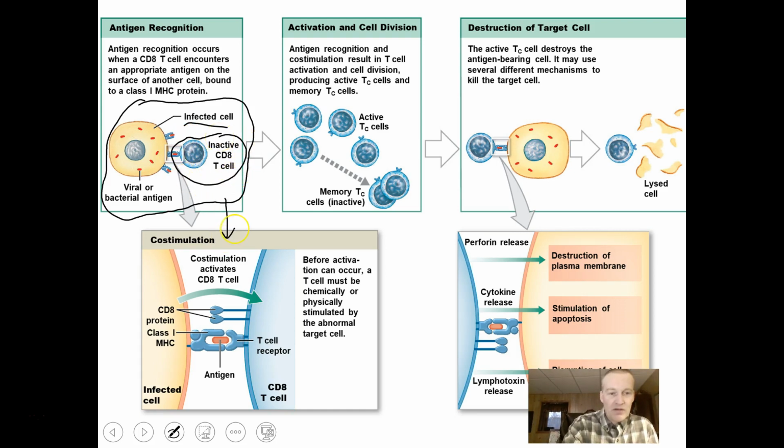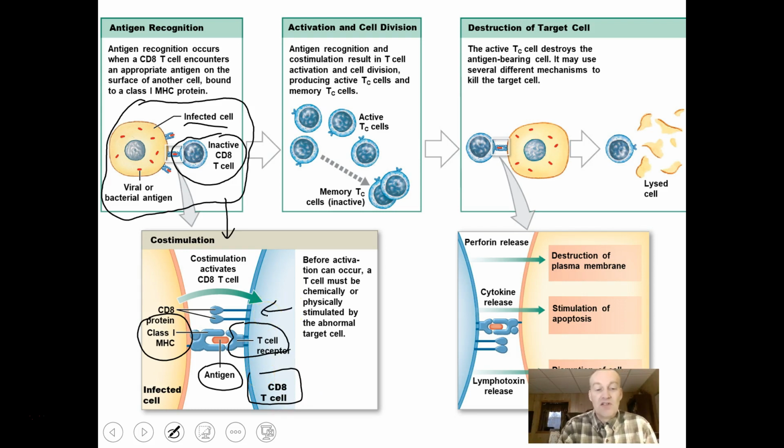If we look down here, a little bit more complexly, we have the T cell receptor from the cytotoxic T cell. It recognizes the antigen that is displayed by the class 1 MHC proteins. Now, these particular T cells are called CD8 because they have an extra little protein here that recognizes it as a CD8. We just call it the CD8 protein.